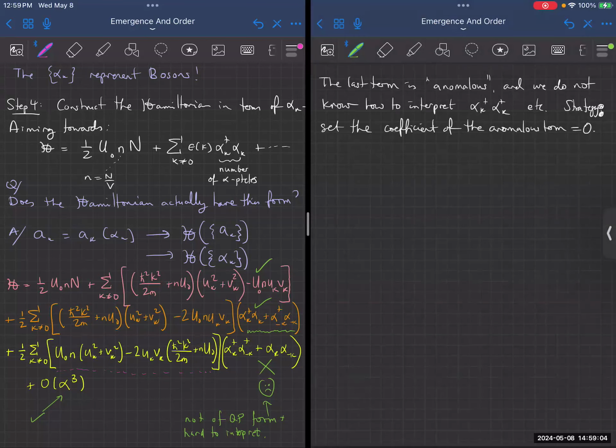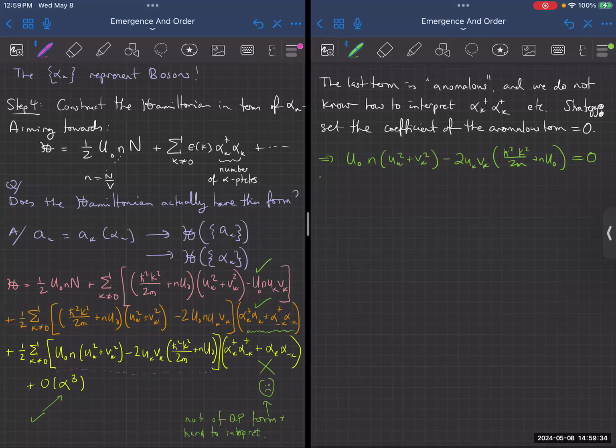So that means we're saying that u naught n times uk squared plus vk squared, minus 2 uk vk, times ħ²k² over 2m plus n u naught, has to equal 0. And that's another constraint.